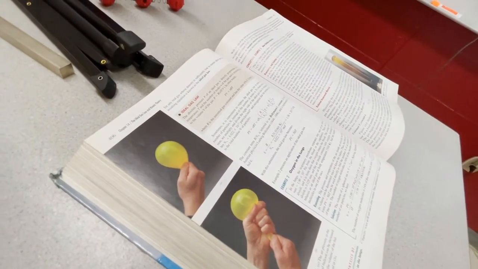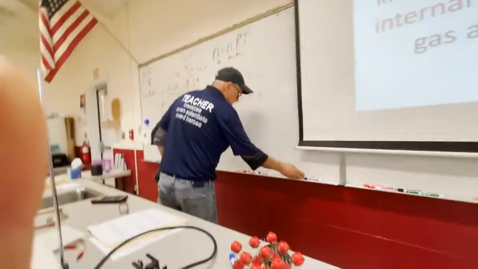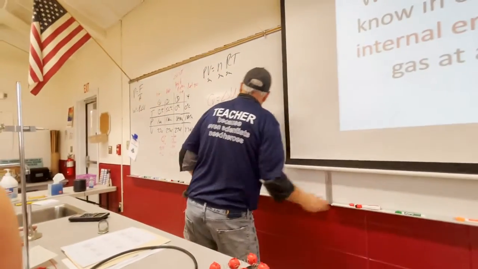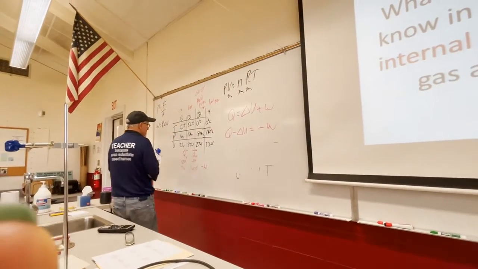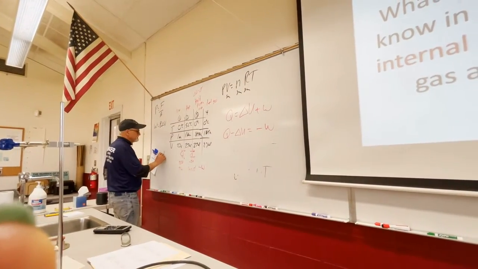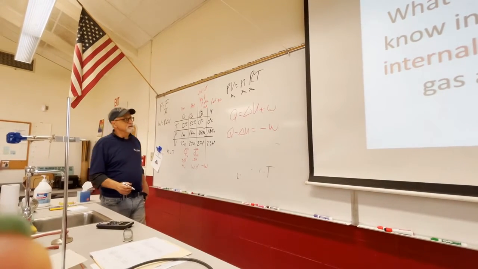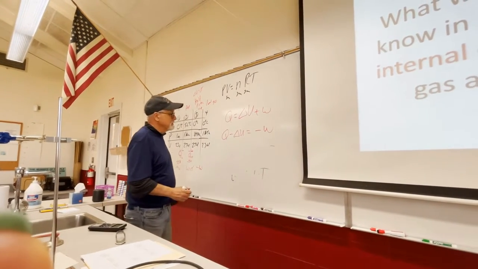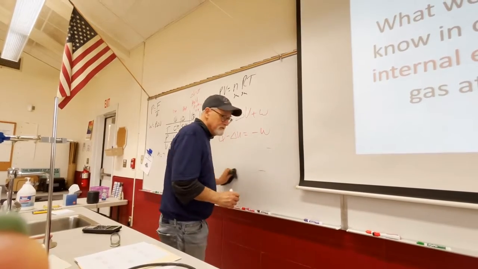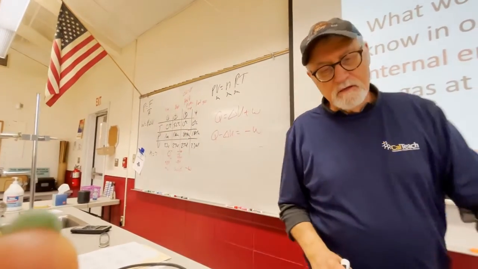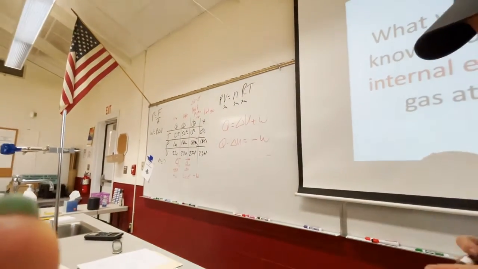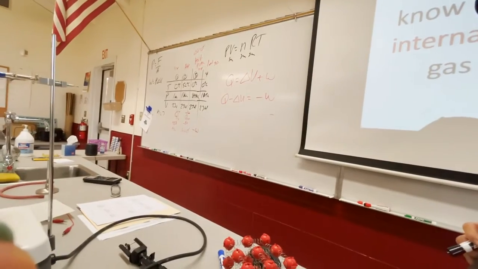Okay, here's what we would have to do. For number 1, find the number of moles. Once you've got the number of moles, we can use the ideal gas law.